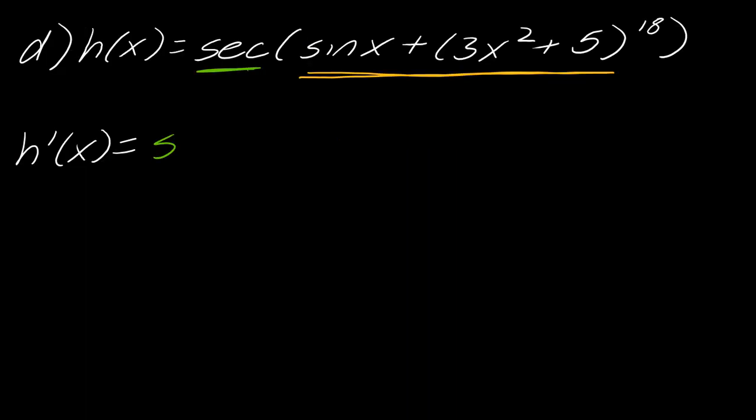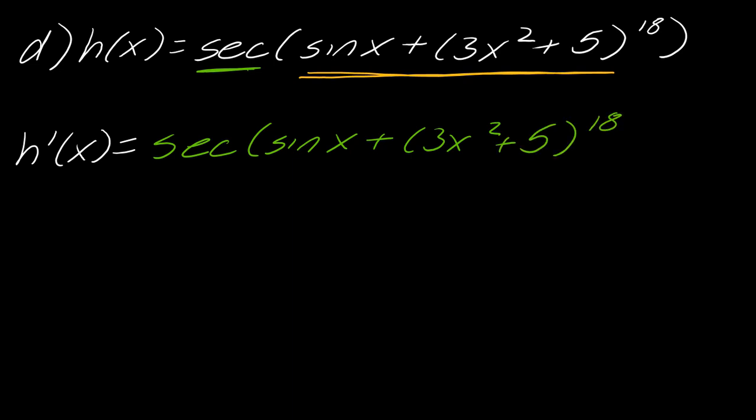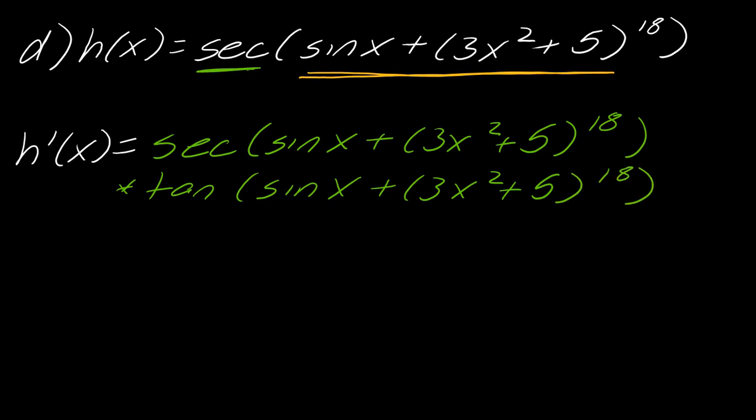So this will be secant of sine x plus 3x squared plus 5 to the 18th, and then times tangent of sine x plus 3x squared plus 5 to the 18th. So that is the whole outside function, secant tangent, but with the inside function intact.